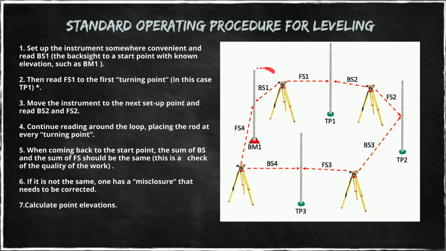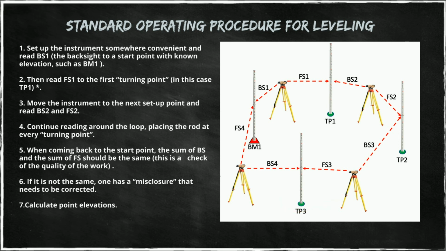We take a backsight and a foresight reading. That gives us this elevation. Then we move the instrument from here to here, take a backsight reading and a foresight reading, then move the instrument to here, backsight reading, foresight reading, and finally set up here, backsight and foresight.